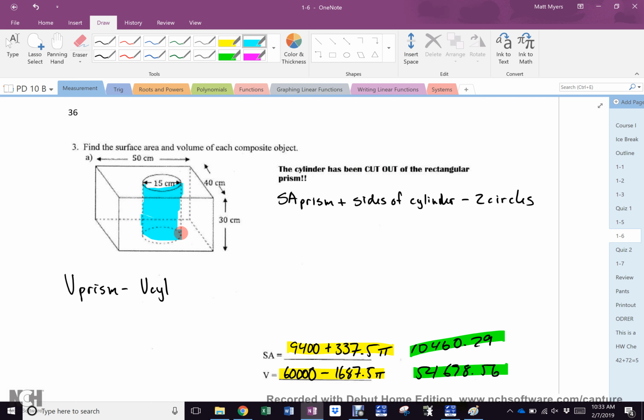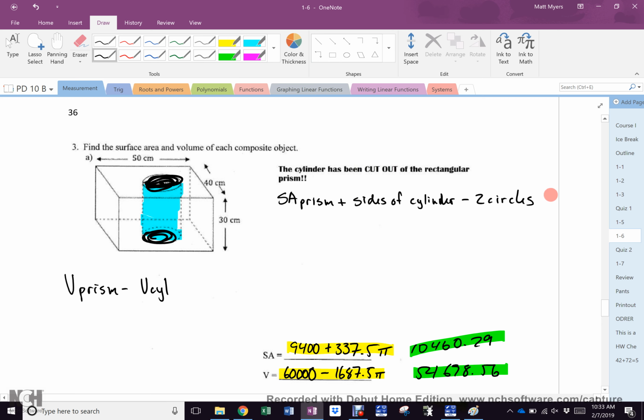But to drill that hole, that made this disappear because there's now a hole there. There is no surface there anymore. And when you drill a hole through something, there's an entry wound and an exit wound. So there were two circles that had to be removed.